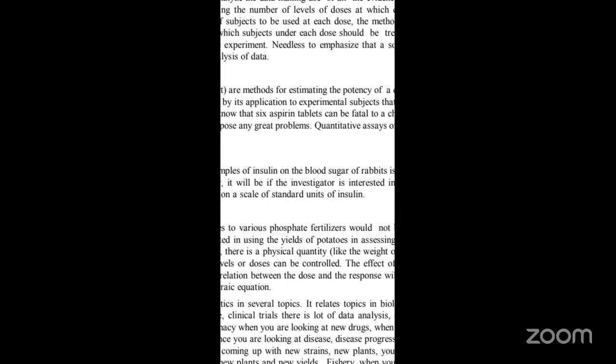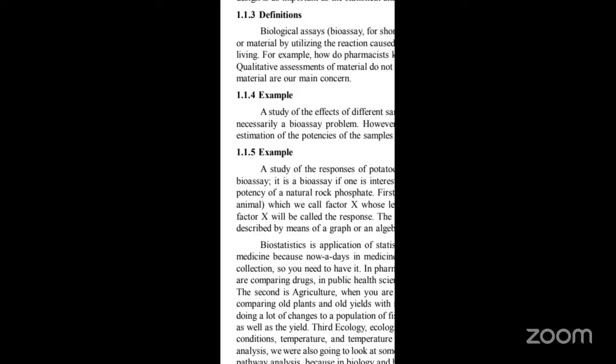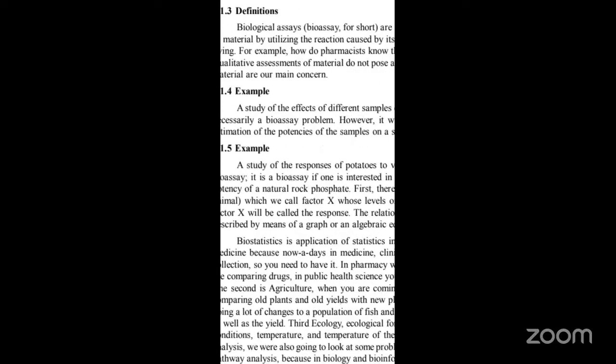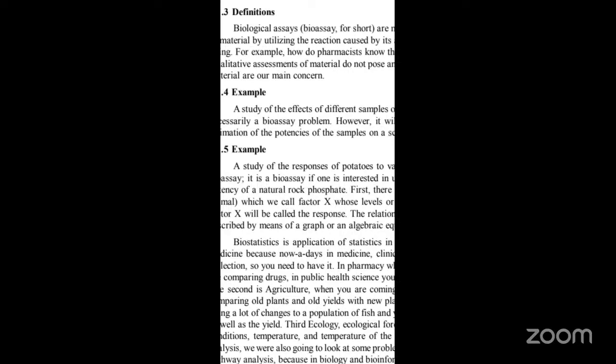So, biological assays are methods for estimating the potency of a drug or material by utilizing the reaction caused by its application to experimental subjects that are living. For example, how do pharmacists know that six aspirin tablets can be fatal to a child? Qualitative assessments of material do not pose any great problems.